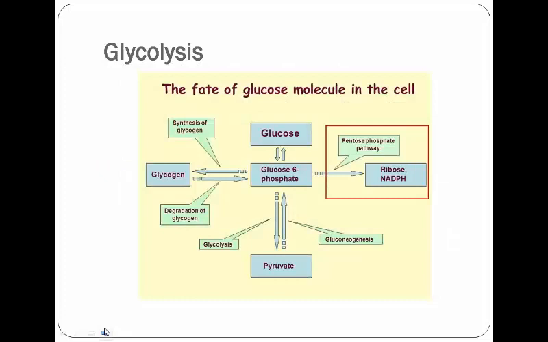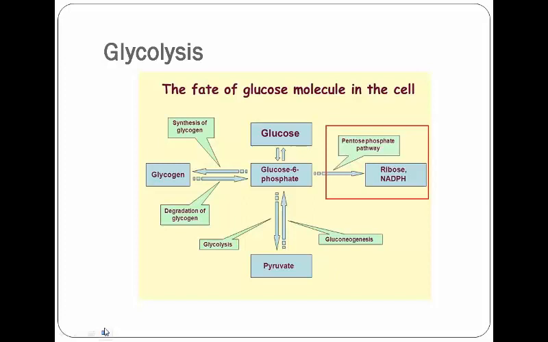The glucose 6-phosphate which is formed is very important and is associated with different pathways. It is formed from glucose and can be reversed back to form glucose. It can lead to pyruvic acid formation by glycolysis, and pyruvic acid can go back to form glucose 6-phosphate by gluconeogenesis.